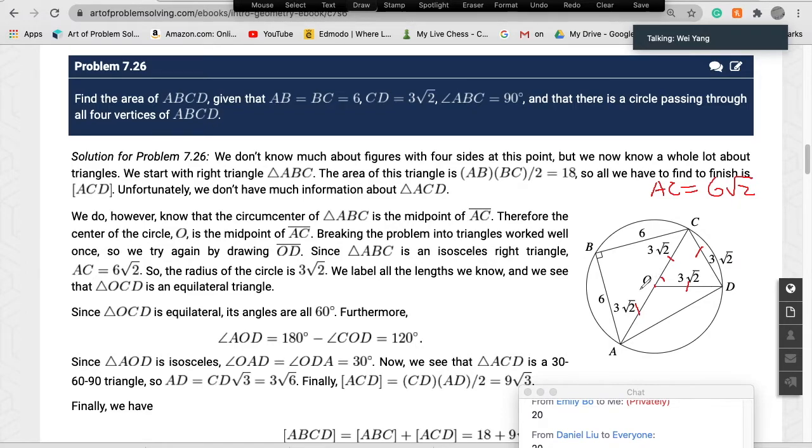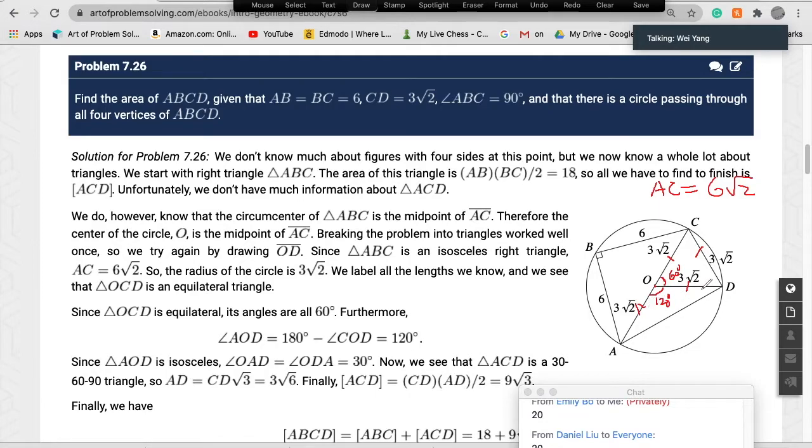C, what kind of triangle is OCD? This is an equilateral triangle. Then D, what are the angles in OAD? Because this one is 60 degrees, since it is an equilateral triangle, that means this angle equals 120 degrees.